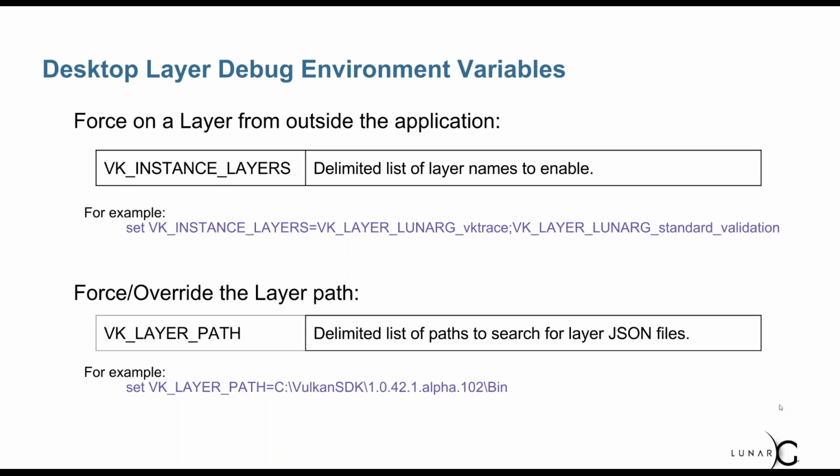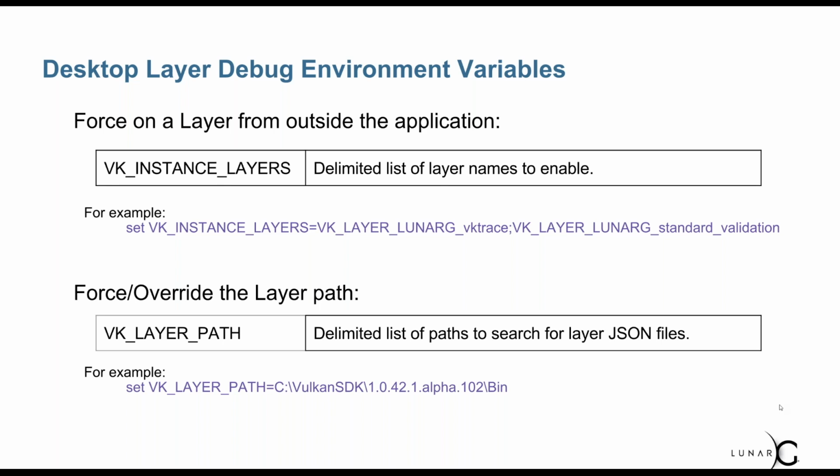Much like the ICDs, we have a couple of environment variables which allow you to override the default behavior. The first of these is called VK_INSTANCE_LAYERS. VK_INSTANCE_LAYERS allows you to enable certain layers which the application does not enable as part of it.